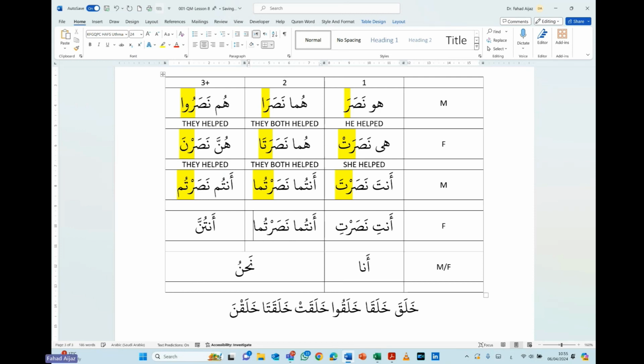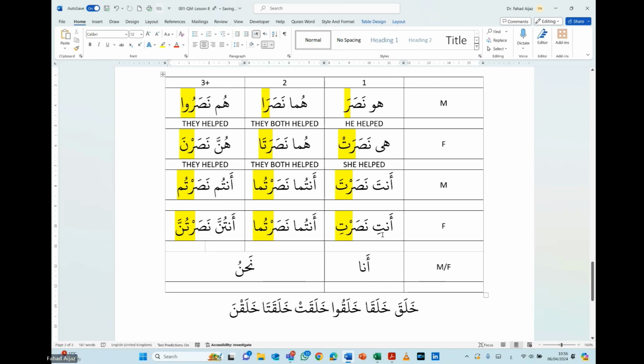How would I know which is feminine and which is masculine? Context will tell you. And antunna nasartunna: nasar, and then you keep the tunna part. Nasarti, nasartuma, and nasartunna.